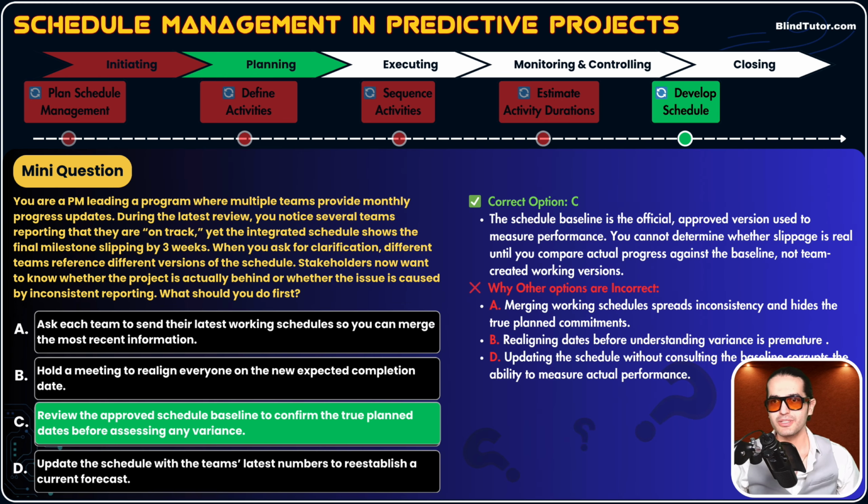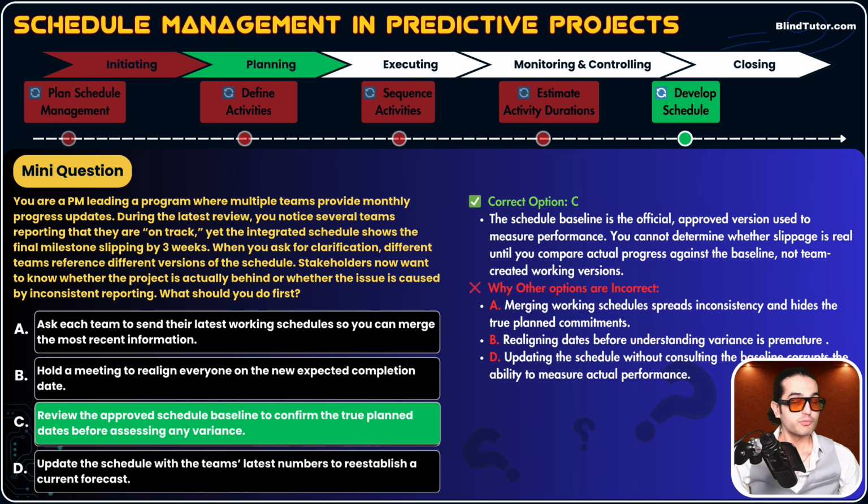Let's read the description, guys. The schedule baseline is the official approved version used to measure performance. You cannot determine whether slippage is real until you compare actual progress against the baseline, not team-created working versions. PMP requires identifying variances against the baseline before initiating corrective or preventive actions.